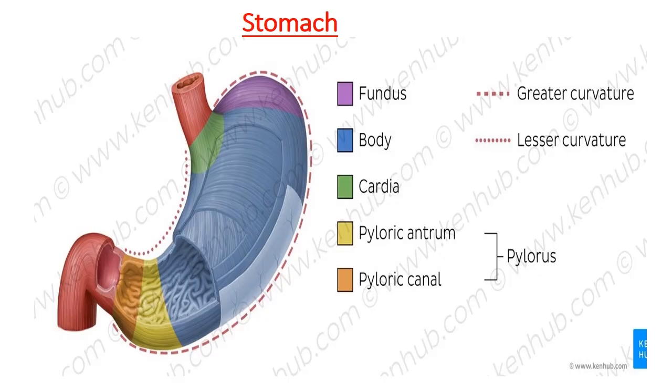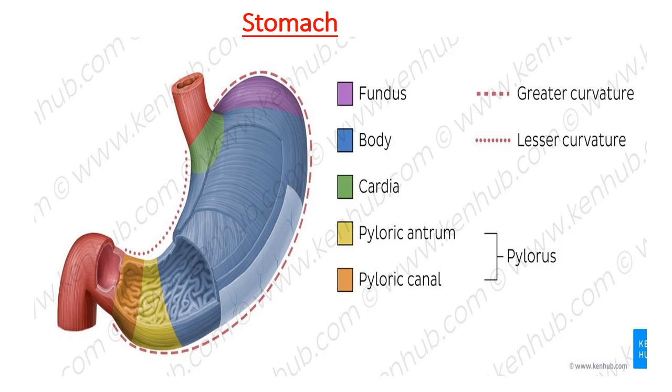This stomach consists of the fundus and body. This green region is called the cardiac region, and then this is called the pyloric region. The pyloric region consists of two more areas: one is the pyloric antrum and another one is the pyloric canal, and totally this is called the pylorus. It also contains two sphincters.